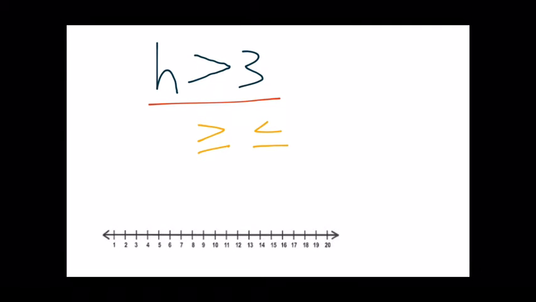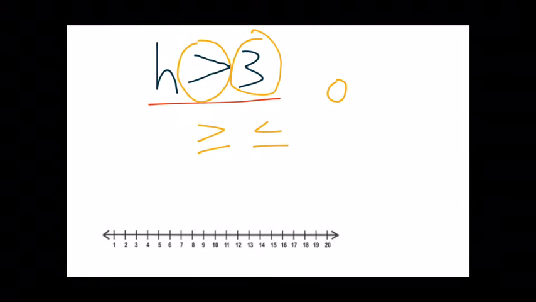So let's see how we're going to plot this one. First, we want to plot a point at the number 3. And in this case, we are going to plot a point that is not filled because this is not larger than or equal to. So we're going to just draw that there.